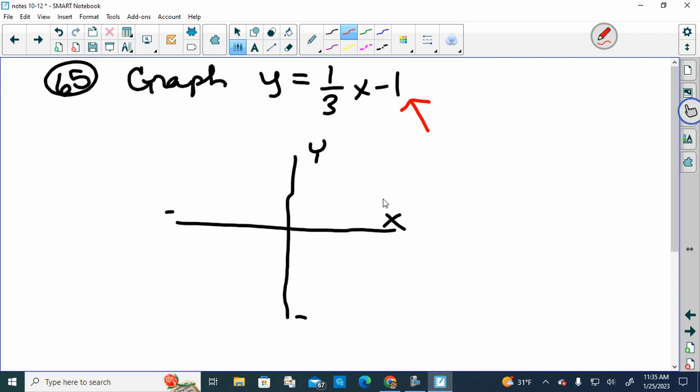That's where it crosses which axis? Y. So we're going to put a dot at a -1. So dot at a -1 on the y-axis. Okay, from there, this is your second dot, and it's slope. This is your rise. This is your run. Okay, so from this dot, up or down?